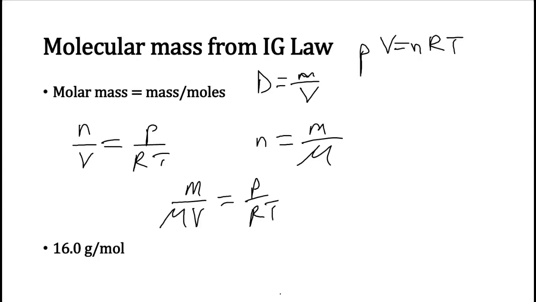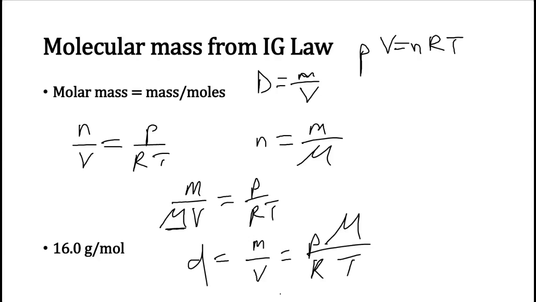If we multiply this molecular weight over to the other side, we'll have the density, which is equal to mass over volume, is equal to pressure times the molecular weight over RT. So this is another equation that you could use. Density is equal to pressure times the molecular weight over the gas constant times temperature.